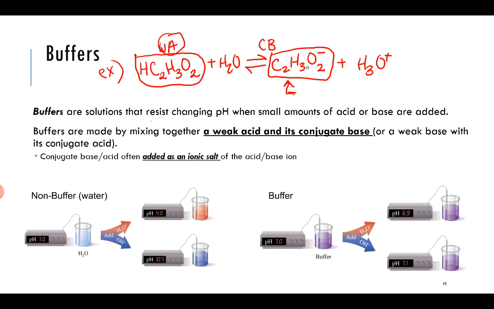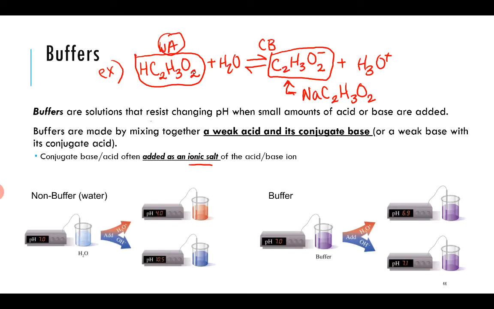But if we add a large quantity of a conjugate base in the form of an ionic salt, we can increase the concentration of the acetate ion by quite a lot.